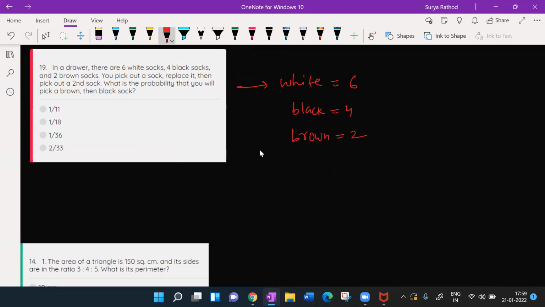You pick out a sock, replace it, then pick out a second sock. Okay, you understand my point? Whatever you are picking out, you have to replace it back. Then you have to pick a second sock. So what is the probability that you will pick a brown then black sock? You understood the question here?